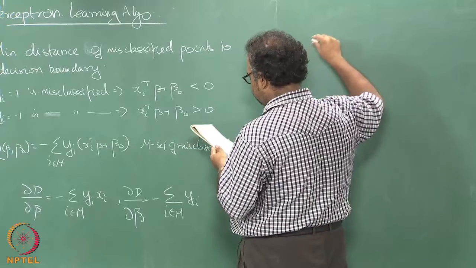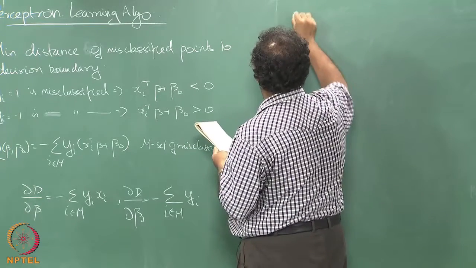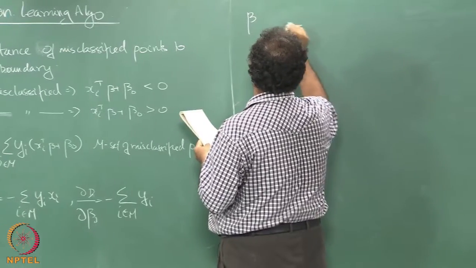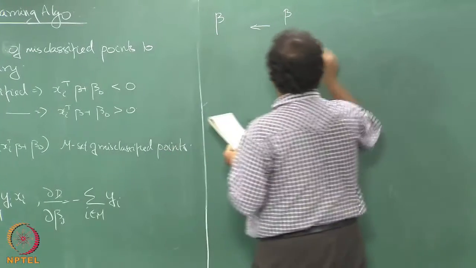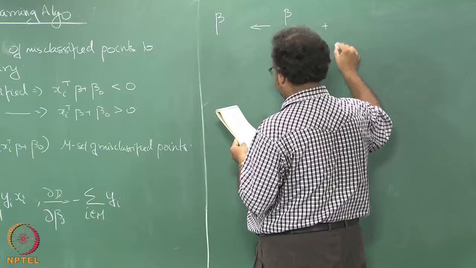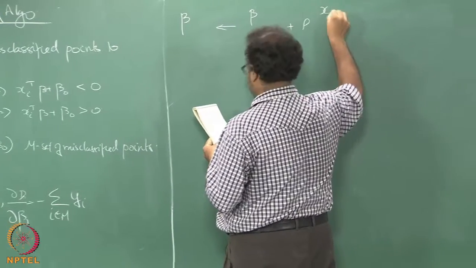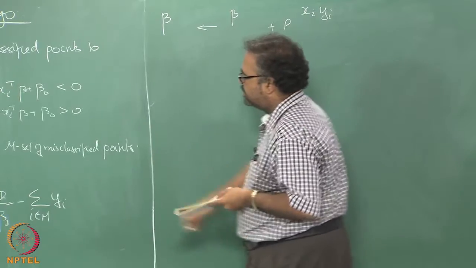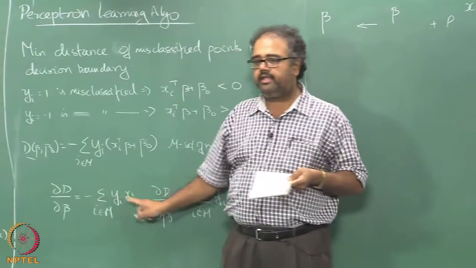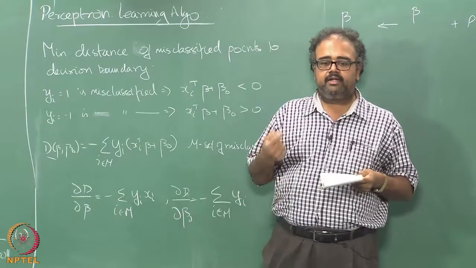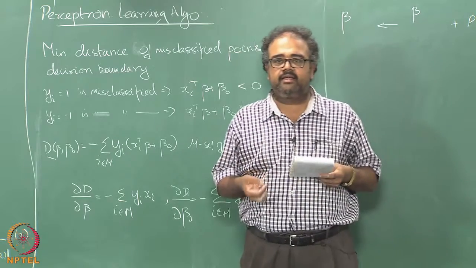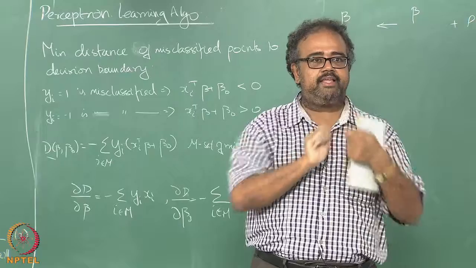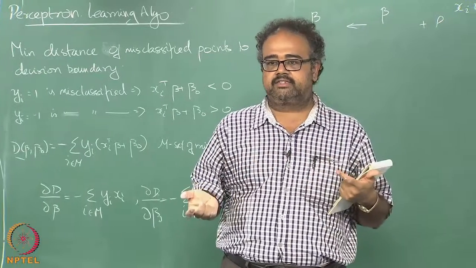So what we are going to do is essentially take beta. The gradient is x_i y_i, but since I am anyway doing stochastic gradient, as soon as I find one misclassified data point, I am going to find the estimate of the gradient and move in that direction.